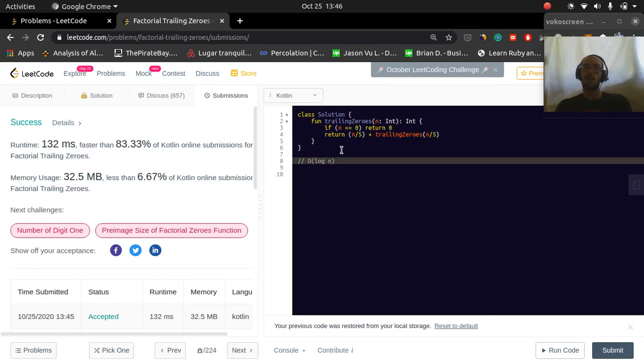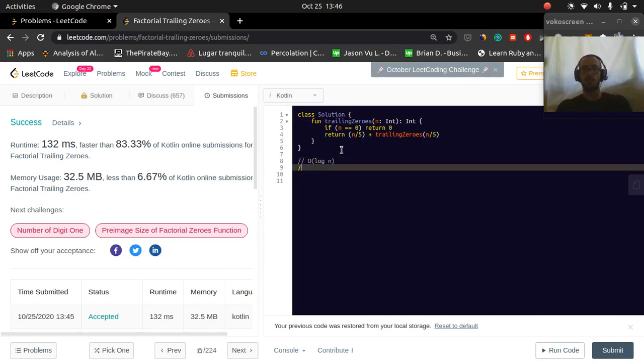In binary search, you divide by 2 every time, so that's log n. But when you divide by 5 every time, how would you tell the difference in runtime? Let me know in the comments if you know that. And then space complexity: we're going to have to call trailing zeros log n times, so it should be log n space complexity.